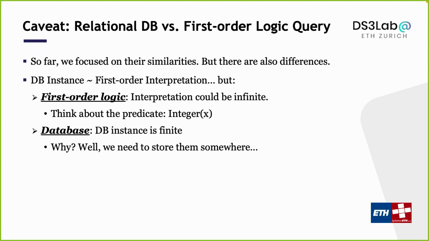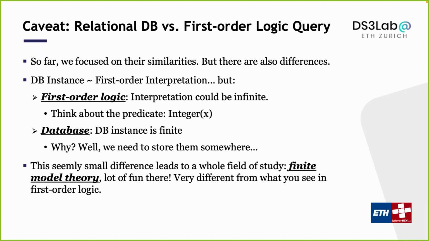And when we think about our database system, we always think about a finite interpretation of your predicates. So that looks not like that huge a difference, but there's a half century of theoretical study that goes into this thing. So when you talk about database theory, the difference is we are talking about one field of study called finite model theory, because my model needs to be finite.